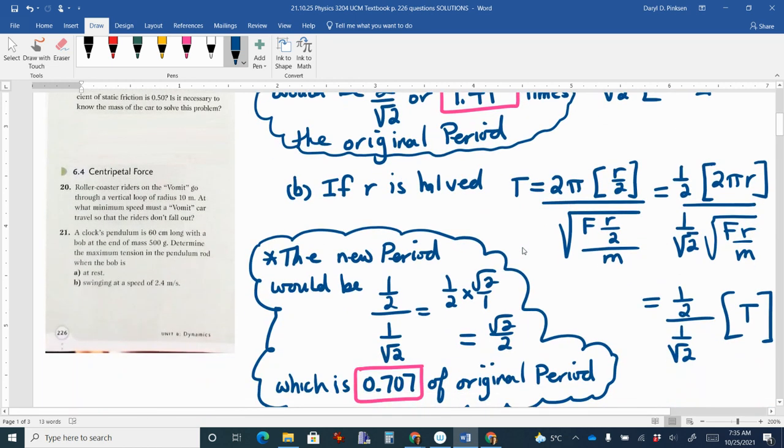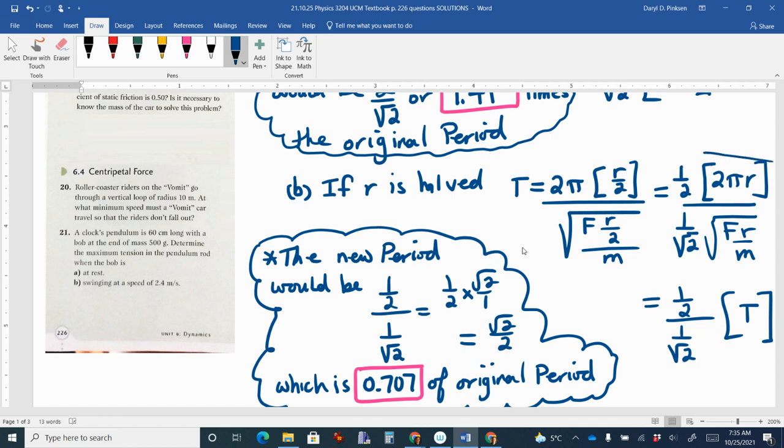And then if we halve the radius, in the equation that we had for period, I'm going to replace the r with r over 2, and down here again r with r over 2. Here the half can be dragged outside, you can factor it out. And down here, the half which I put in here will come out and become a 1 over root 2.